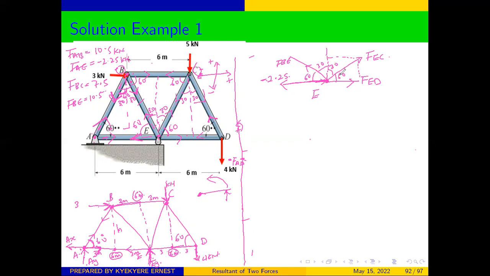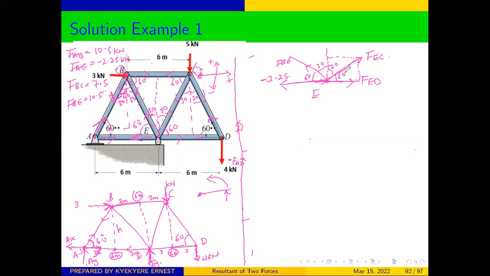Using the 60 degrees here, look, we want to move from this point to that point. Therefore, our X component is going to be in our positive X. We are going to move in the direction of our positive X, and then we move up. So both X and Y will be positive.